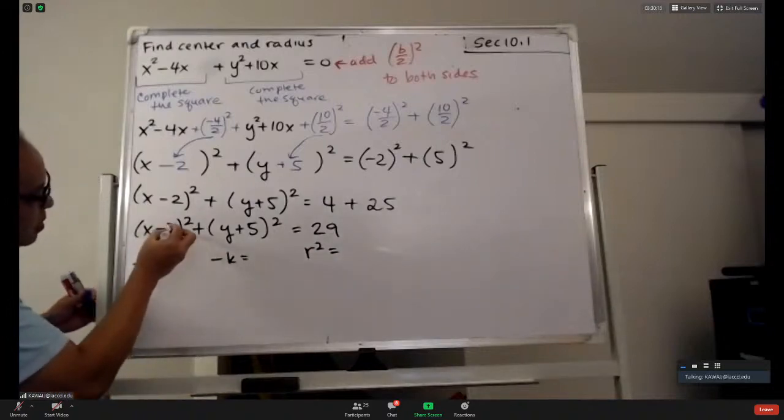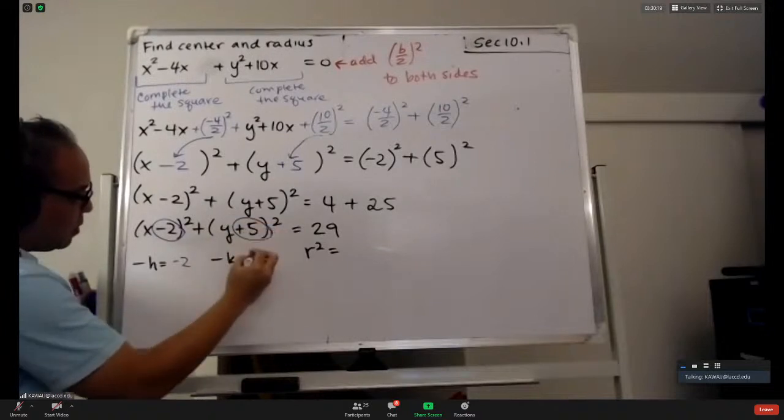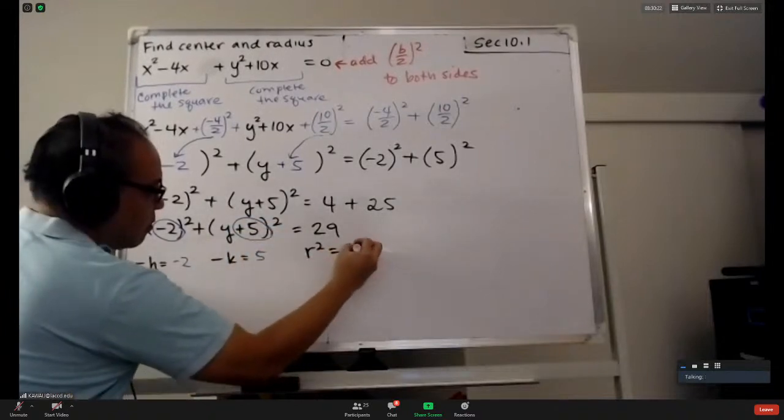Okay. That right here is your negative 2. That right here is your 5. Okay.